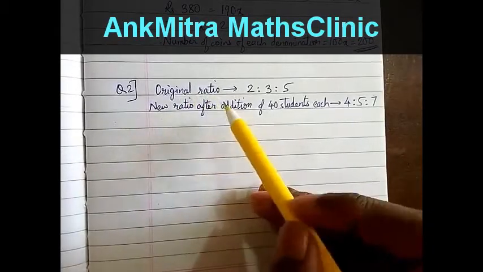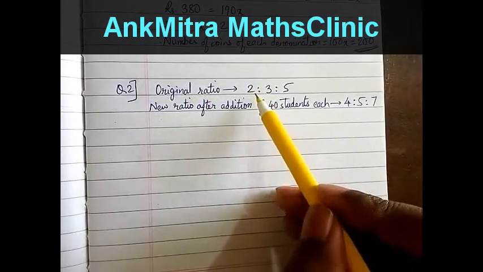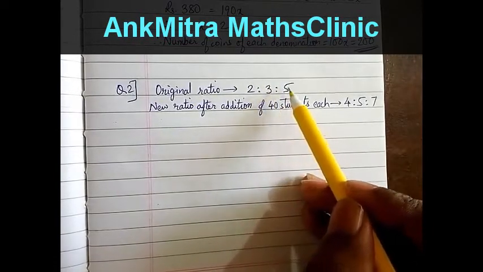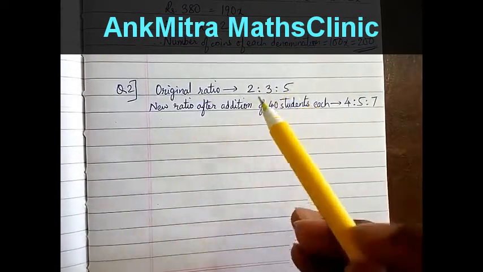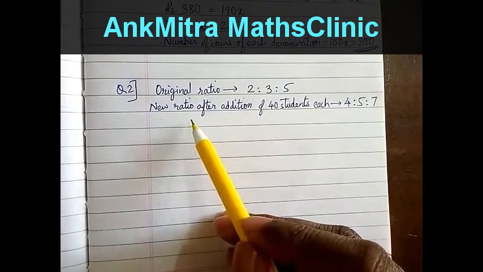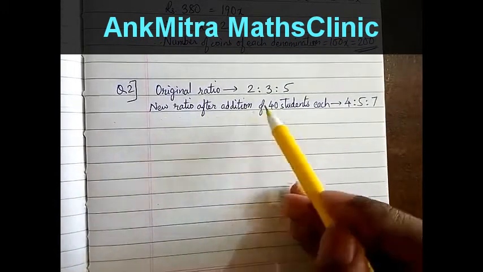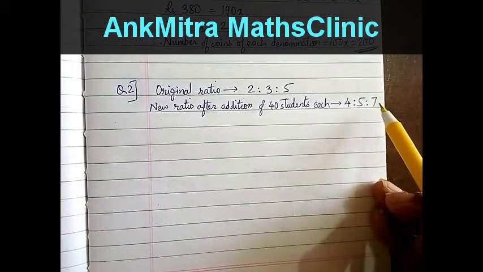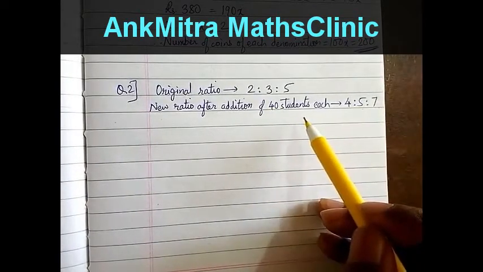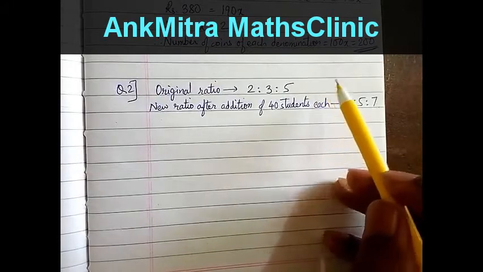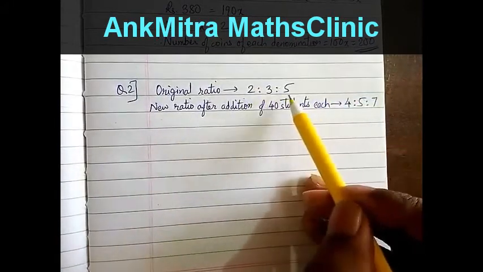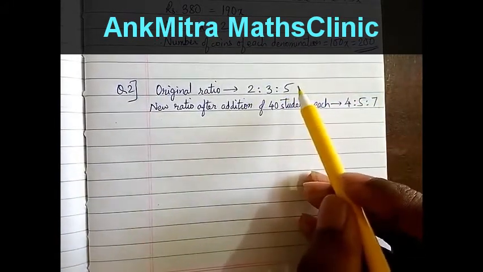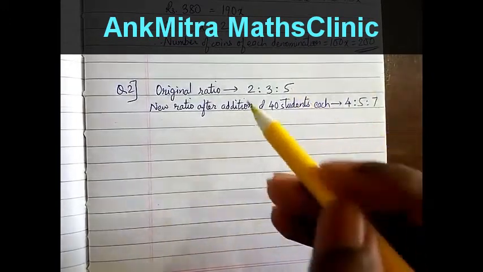The original ratio of number of students in 3 classes is 2:3:5, and they are given that after 40 students are added to each class, the new ratio becomes 4:5:7, and we are asked to find the total number of students originally. Okay, in questions like these where the ratio is given, I prefer to use the common multiplier.